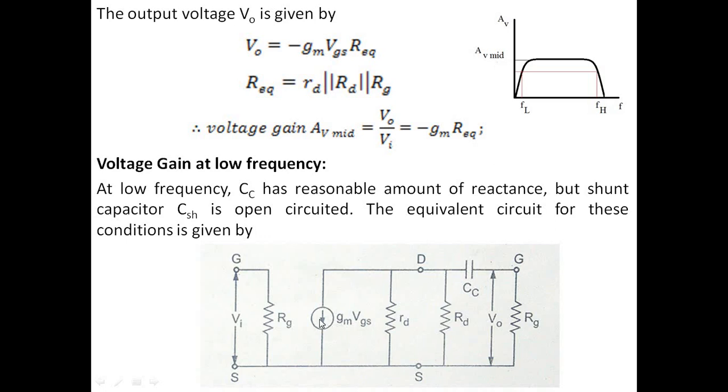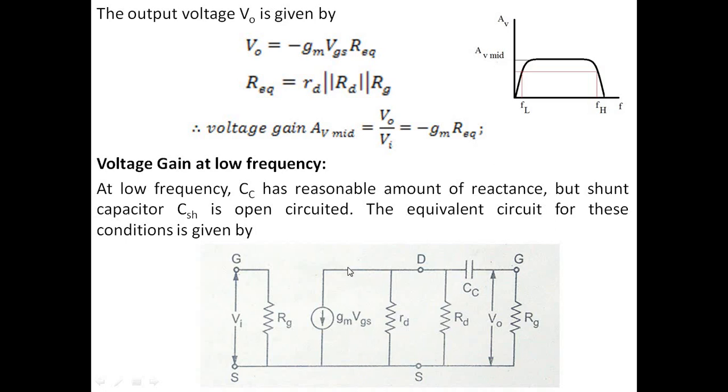Then I need to replace this current source with a voltage source. Now here I have an R. If I replace this with V, here I have a minus, this is the arrowhead, here I have a plus, and I want to indicate V equal to IR. The current is gm into VGS, and R is nothing but R0 dash.